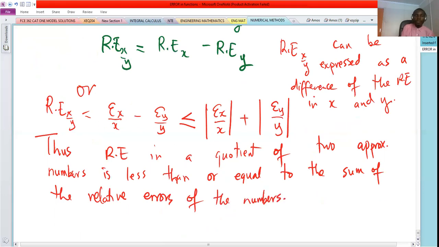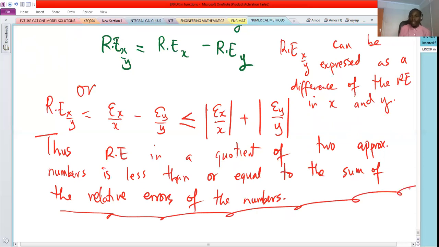The maximum value of error in x over x minus error in y over y is absolute value of error in x over x plus absolute value of error in y over y itself. So that is how we define the error and relative error in the quotient of two quantities, x and y.